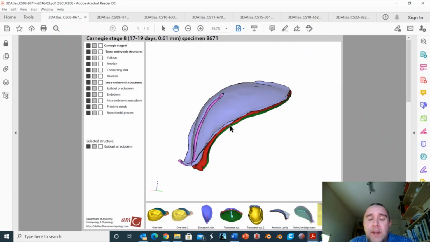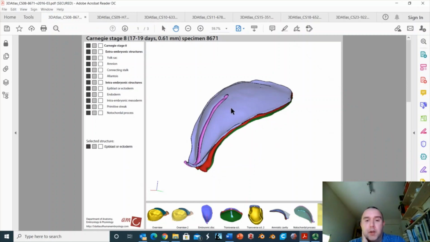And all three of these embryonic layers are derived from this epiblast, which itself goes on to form the ectoderm of the embryo. So we've formed the trilaminar embryo, and this is very important because from each of these three layers, all of the body tissues will go on to develop.